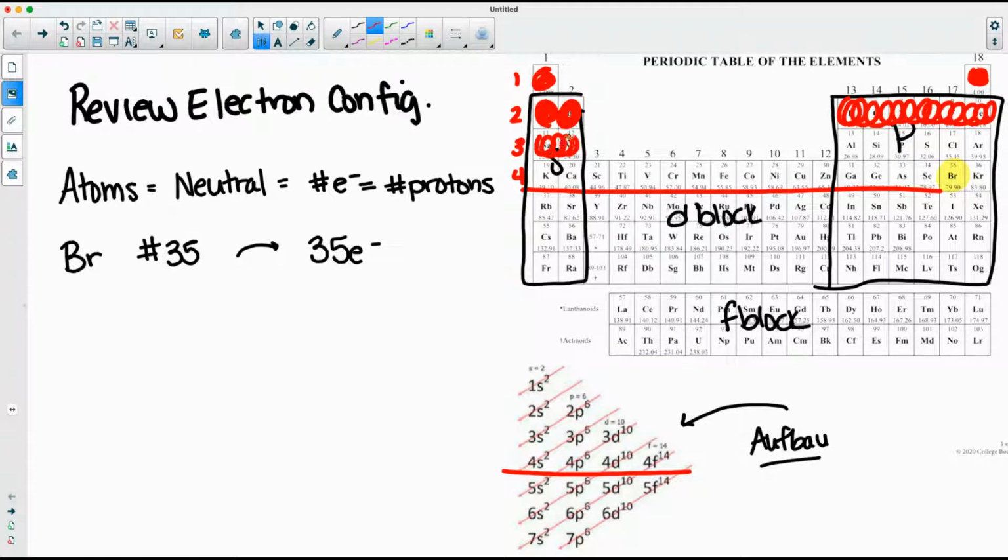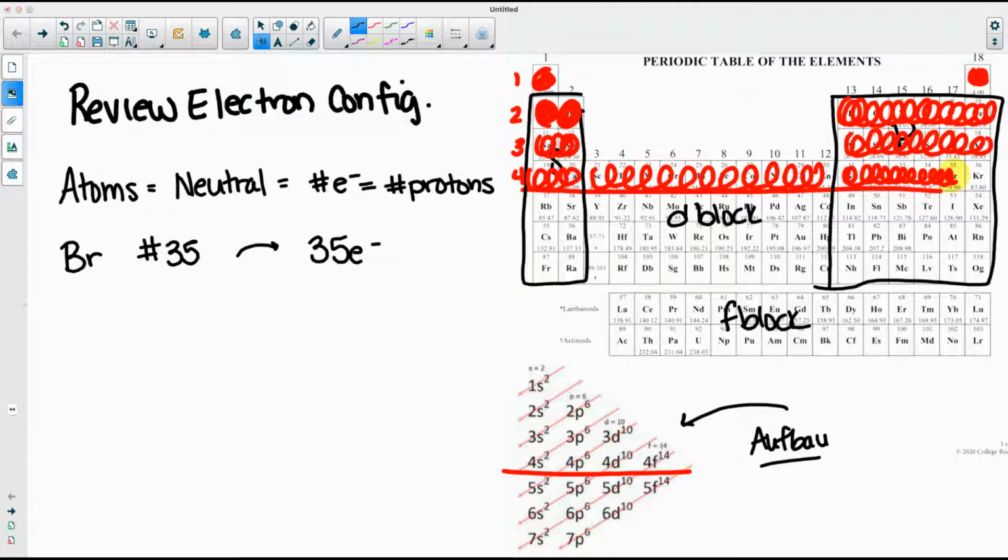Then I add on the 3s2, then the 3p, 1, 2, 3, 4, 5, 6. Then 4s1, 2, then 3d, 1 through 10, and then it goes back to 4p, 1, 2, 3, 4, 5. So that would be one way to figure out the electron configuration.